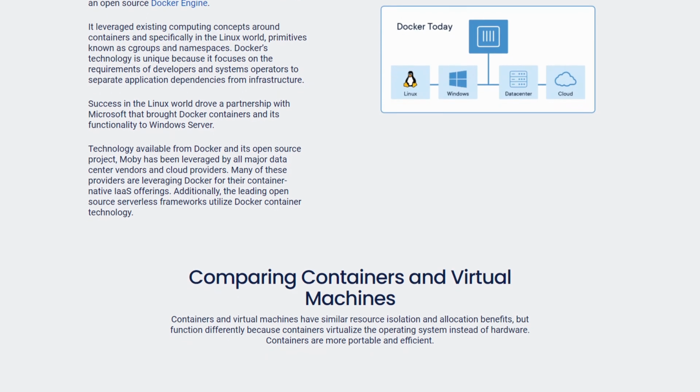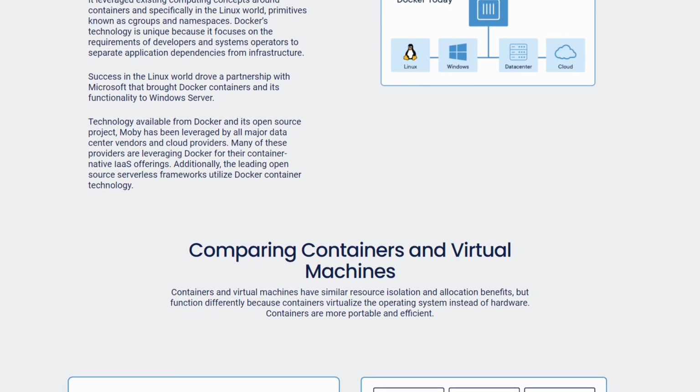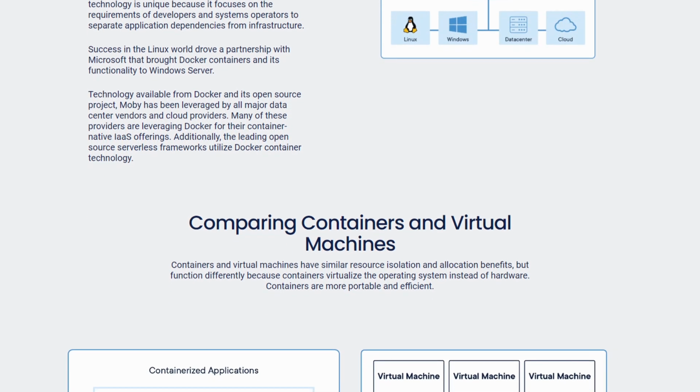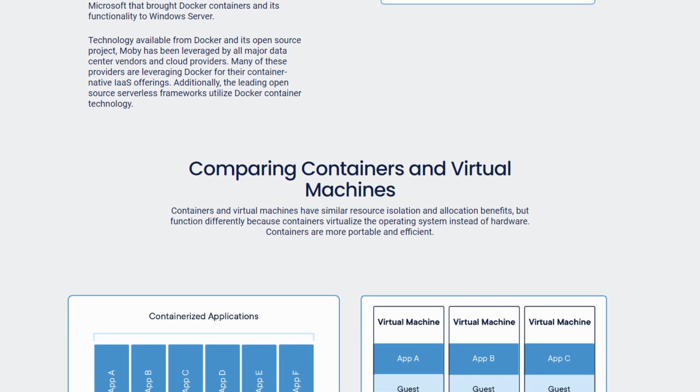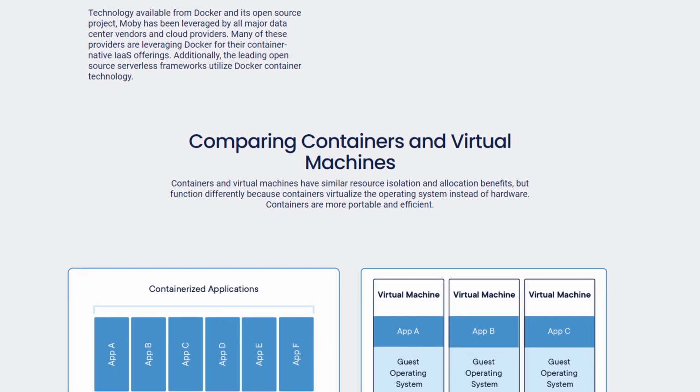For instance, the Alpine OS, that is a Linux distribution, is only 5 megabytes in size as a container, yet it functions as a full operating system within a container. So hopefully that spells out one of the first advantages of containers, is that they're lightweight.